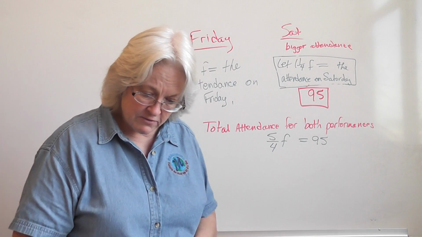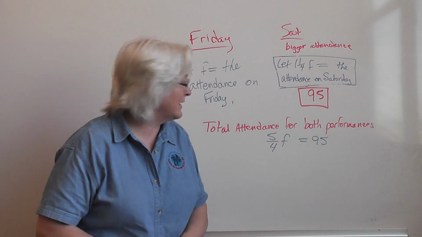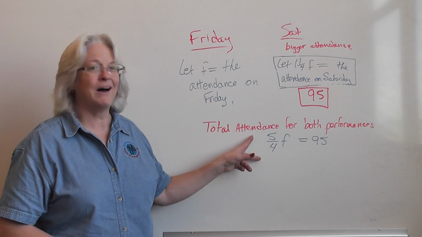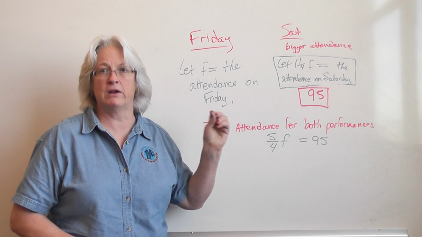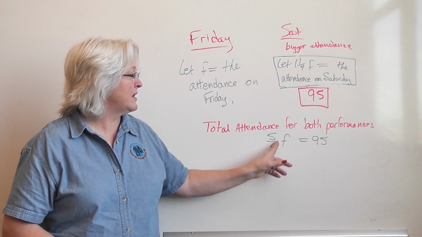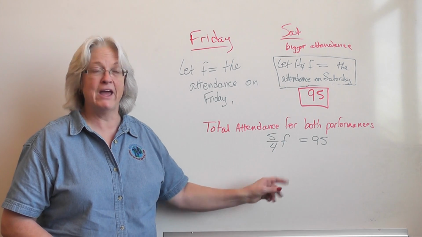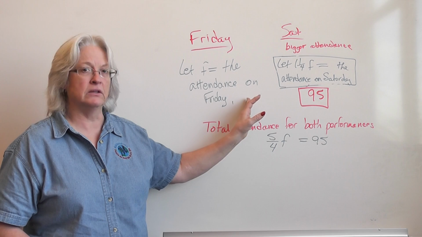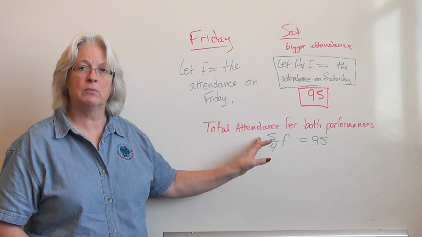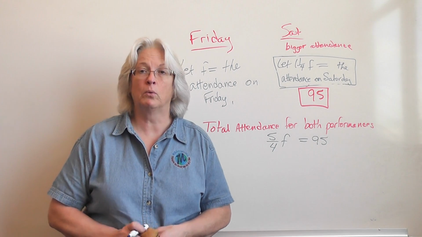This is a very straightforward equation to solve now, because we've learned, well, I don't care about 5/4 of F, I don't care about 25F, I don't care about -2F. I only want to find out what F all by itself is, or what 1F is equal to, because that gives me Friday's attendance. And we learned that if you took a number and multiplied it by its reciprocal, you always ended up with 1.